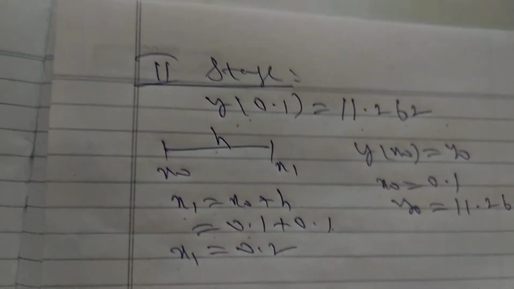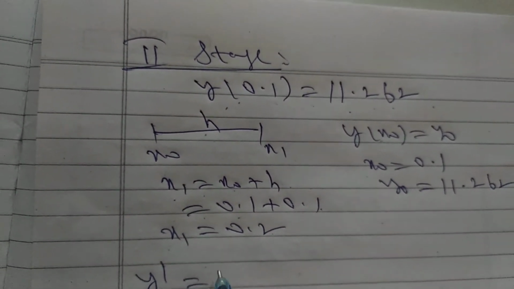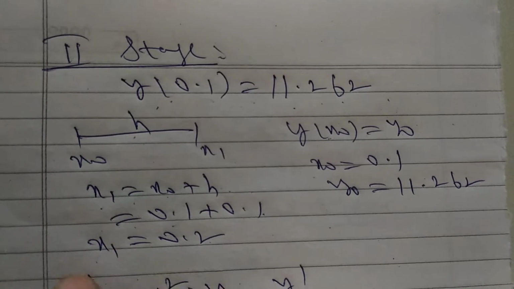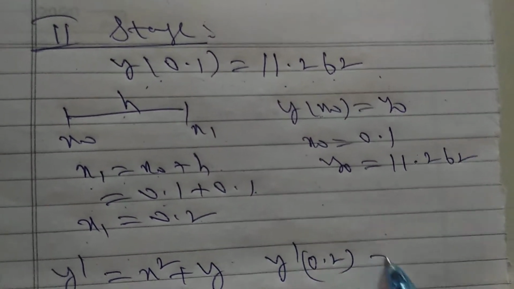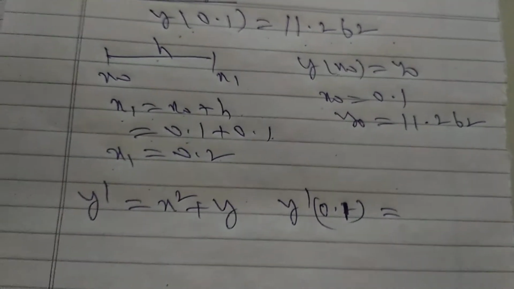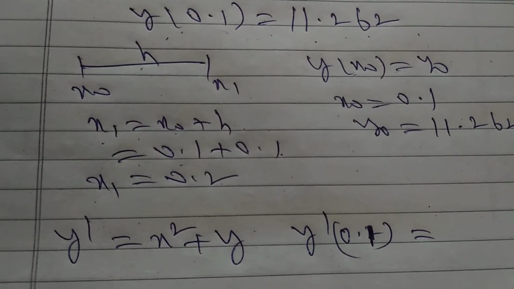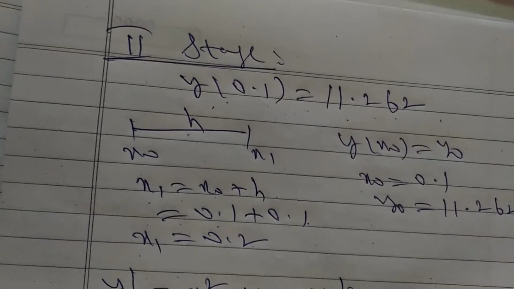So same formula, you have to use the Taylor series formula, and y dash is the given equation. Y dash is equal to what? X square plus y. So y dash at x is equal to 0.2, you have to find out the answer at x is equal to 0.2. But here y dash is equal to x square plus y, that is y dash at this point x naught.